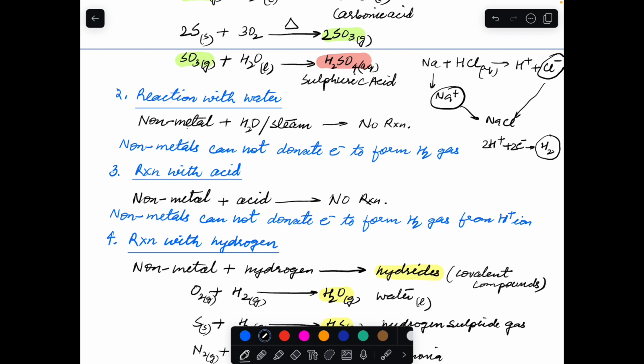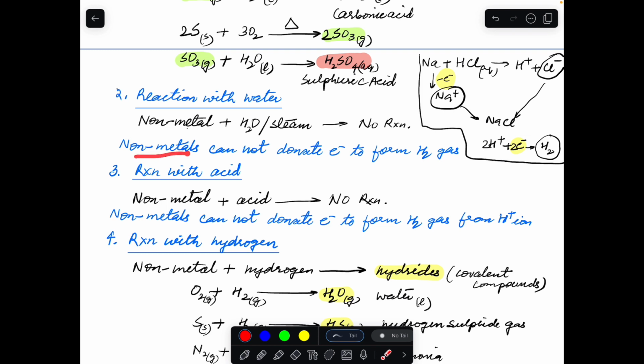Why? Because when a metal forms its ion, it will lose electrons. So the electrons lost by the metal will be taken up by the hydrogen to liberate hydrogen gas. So metals are capable of giving you hydrogen gas, but such hydrogen gas liberation is not possible in the case of non-metals. Why?